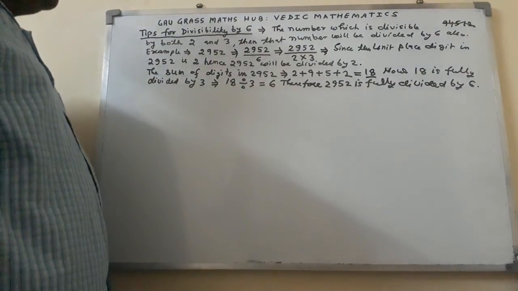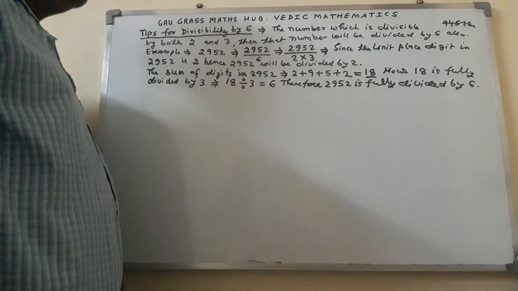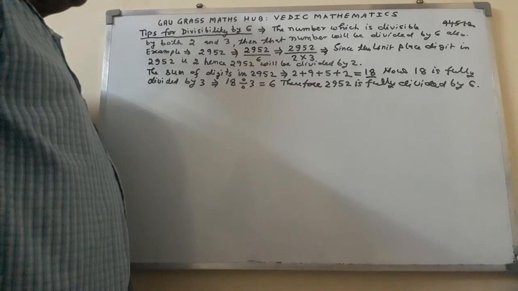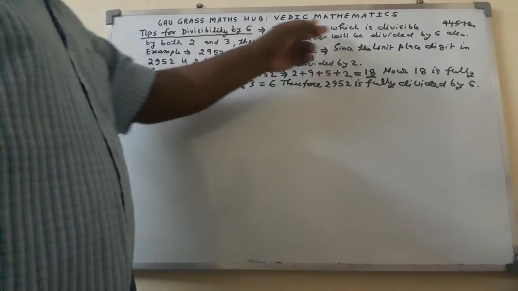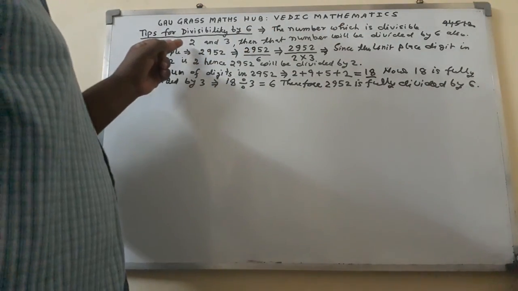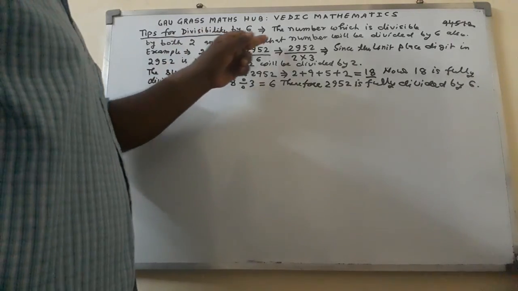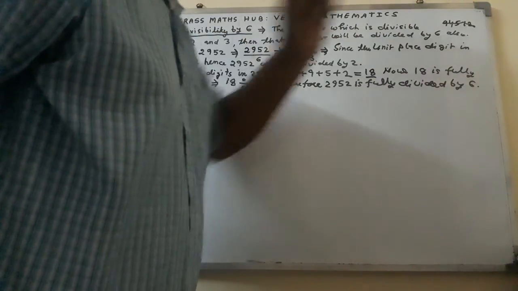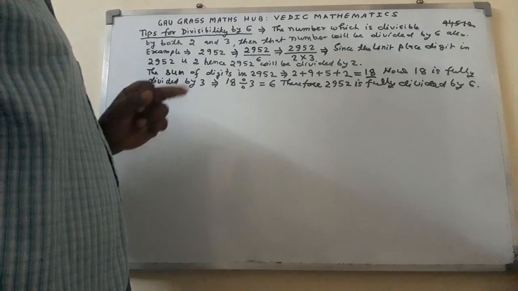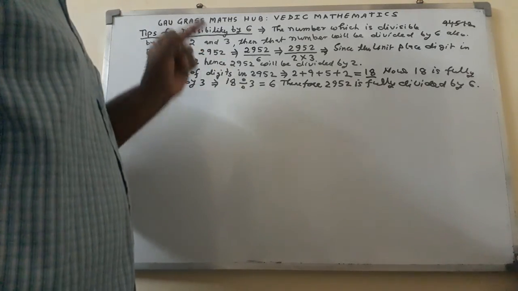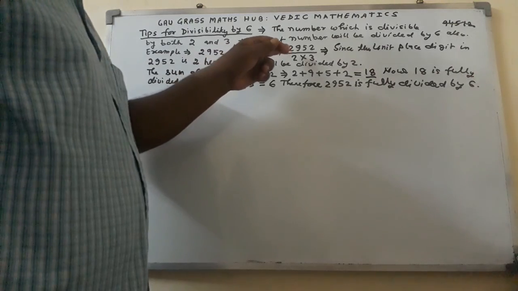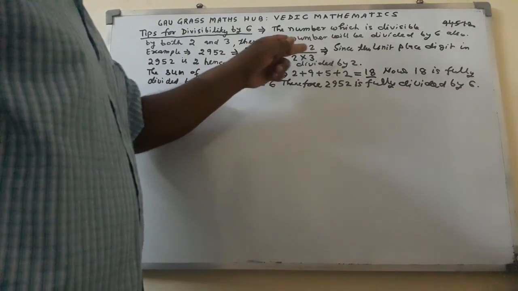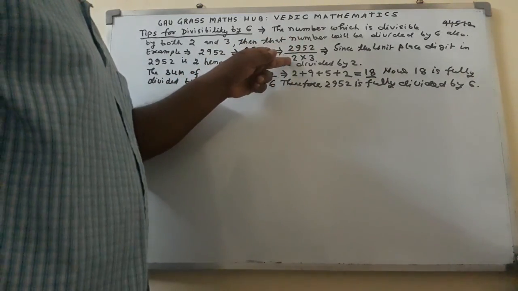Now tips for divisibility by 6 I have discussed in full detail. The number which is divisible by 2 and 3 will be divisible by 6 also. I have taken the example 2952, which is divisible by 2 into 3.